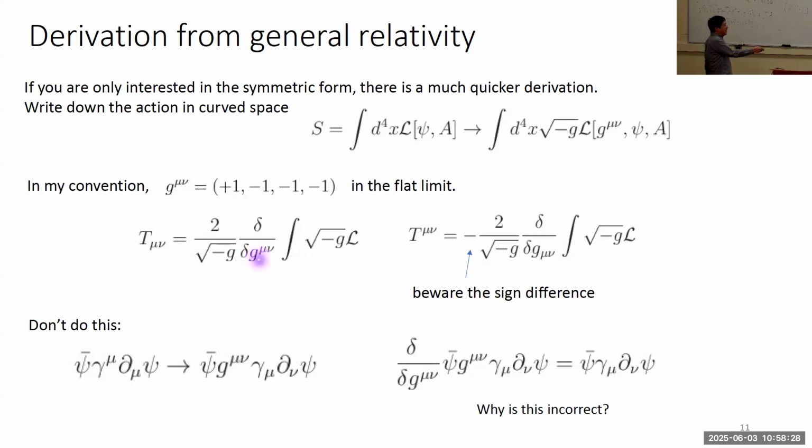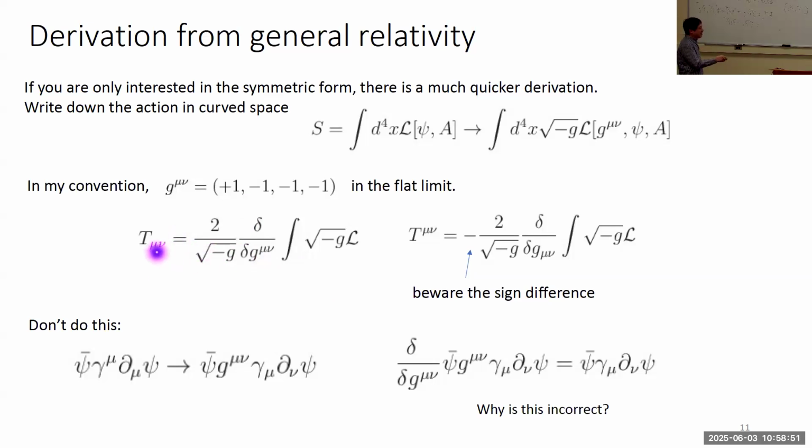Okay, but you have to be careful about the sign. For example, in most textbooks of general relativity, they use the opposite metric. They often use a -1, +1, +1, +1 metric. Many textbooks do that, which is opposite from QCD. And you also have to be careful about the sign difference. This is a technical point.